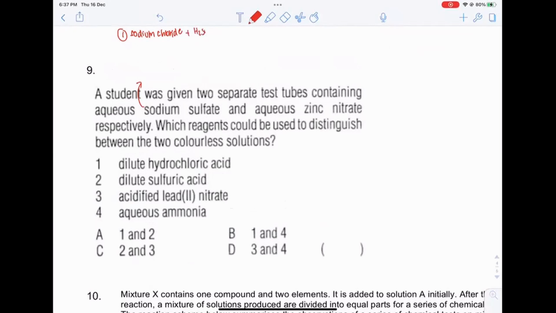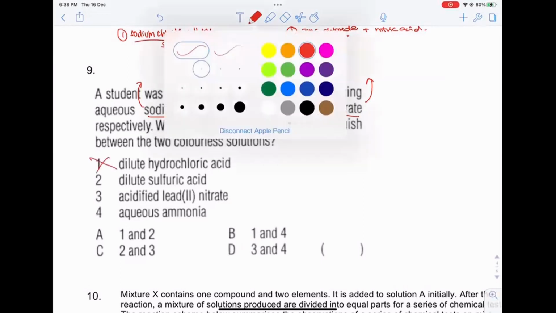But let's just put it on. And then zinc nitrate, you will get zinc chloride plus nitric acid. Okay, so over here, you can't distinguish because they are both soluble. Sodium chloride always soluble. Zinc chloride is also soluble. So cannot distinguish. So number 1 is out.